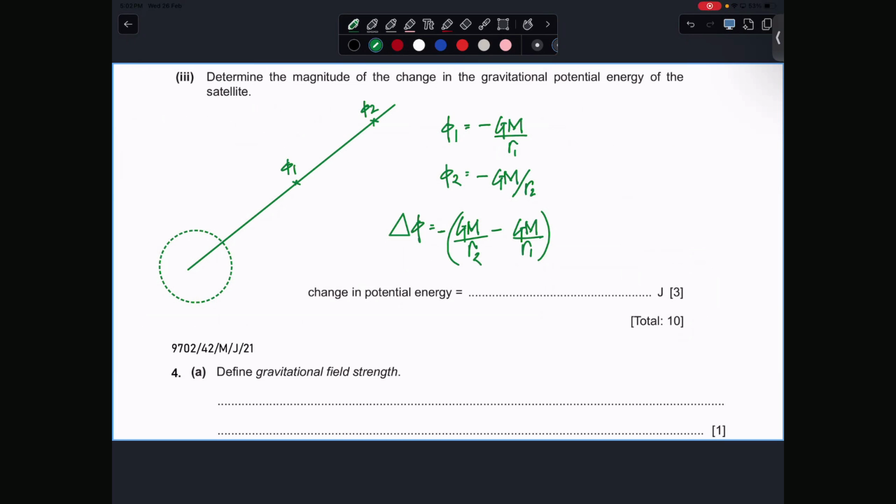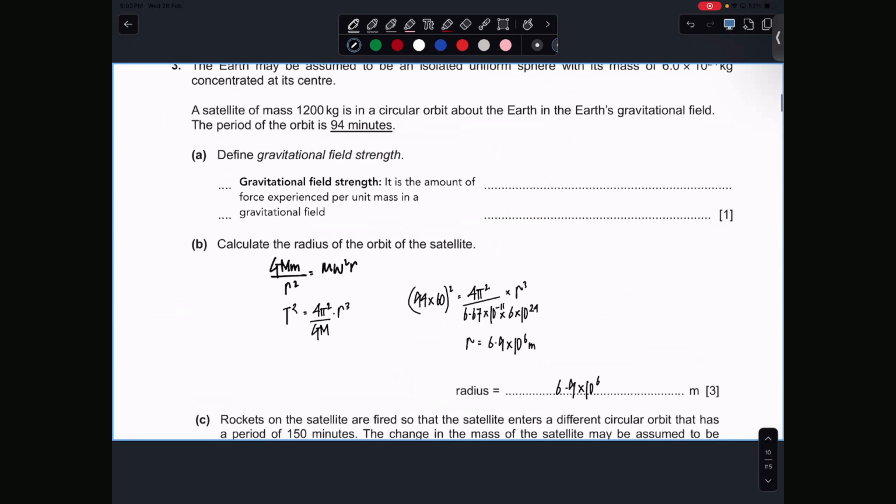No, sorry, উল্টা হবে. By the way, I'll tell you it doesn't really matter, because what did I tell you to do? Find the net difference, right? I think it's safer. So if I do this here, what do I get here? Minus G, 6.67 into 10 to the power minus 11, into M কত ছিল, the mass of the planet.